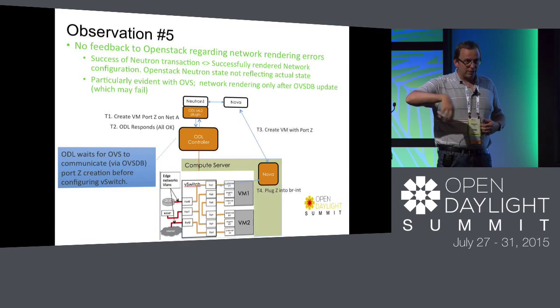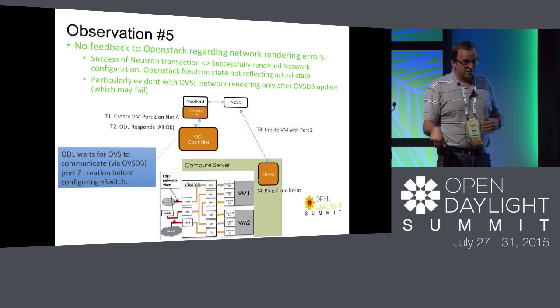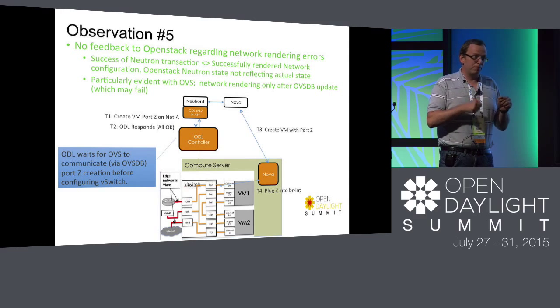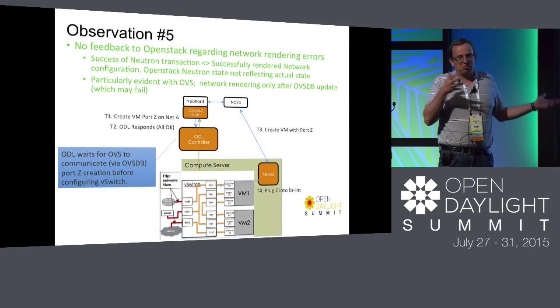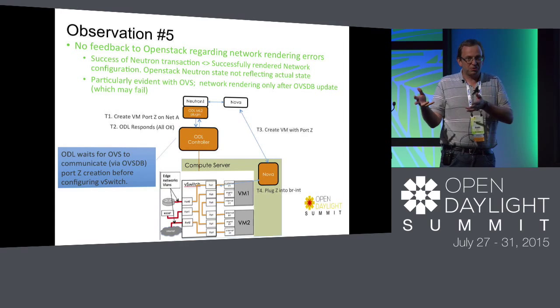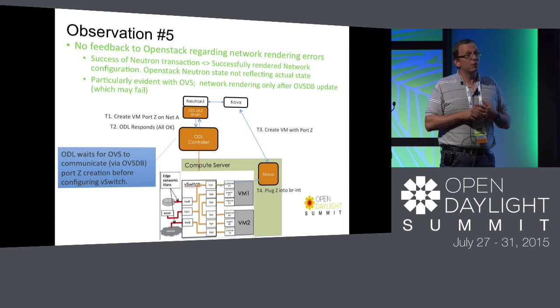Nova does the VM thing through Nova agent, and if the Nova agent fails at any time, in configuring libvirt or in plugging OVS or whatever, Neutron is still fine. If you look at the Neutron database, the port is there, everything looks good, it was all accepted, but it was Nova that failed.